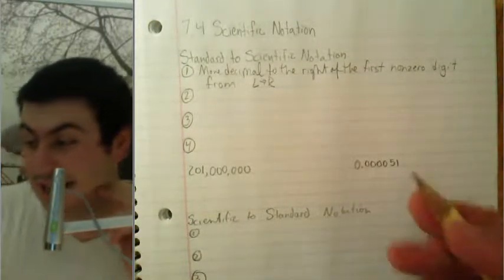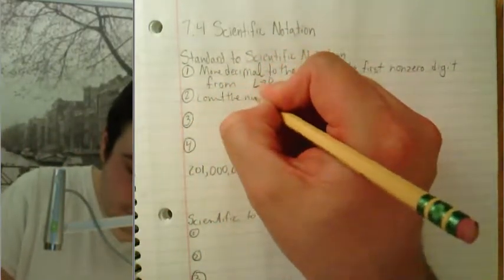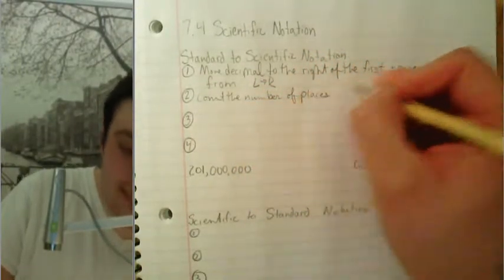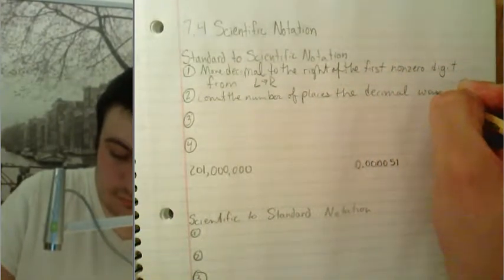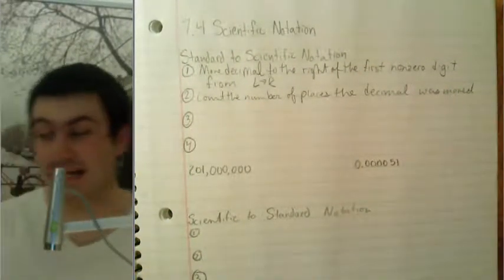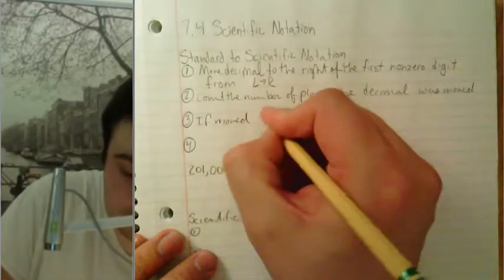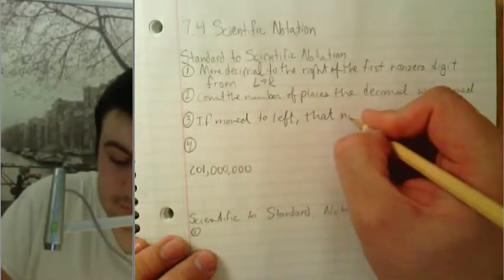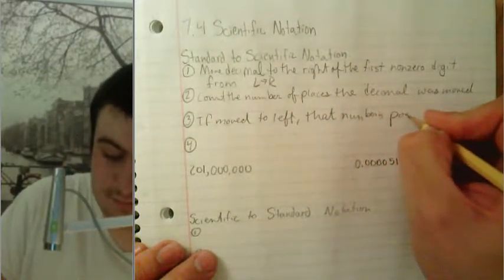After that, you're going to count the number of places the decimal was moved. If it was moved to the left, that number is positive.